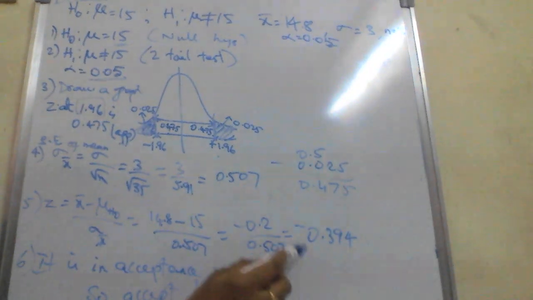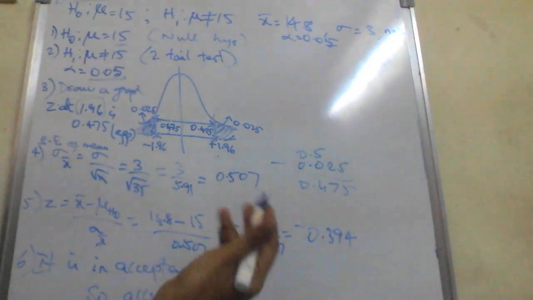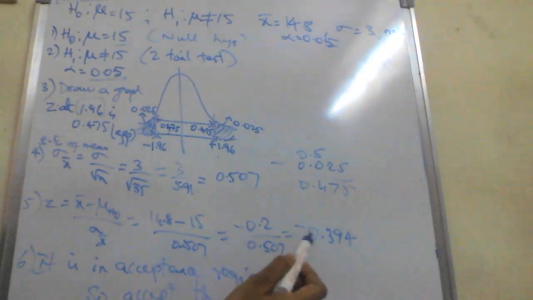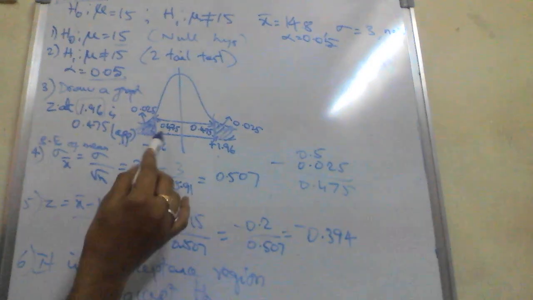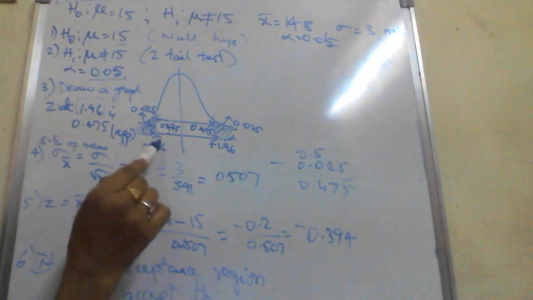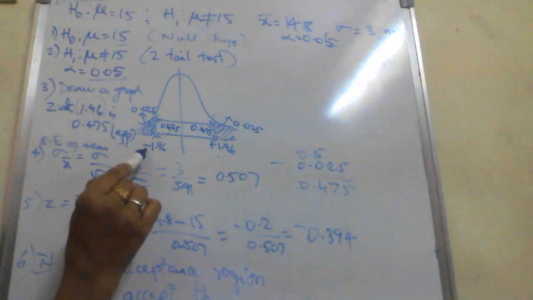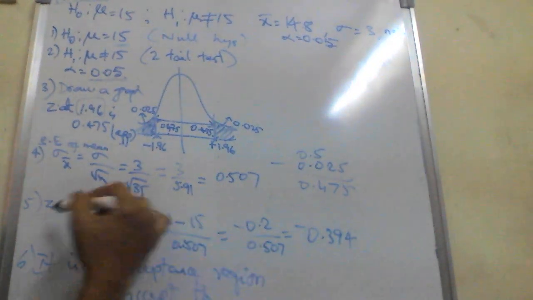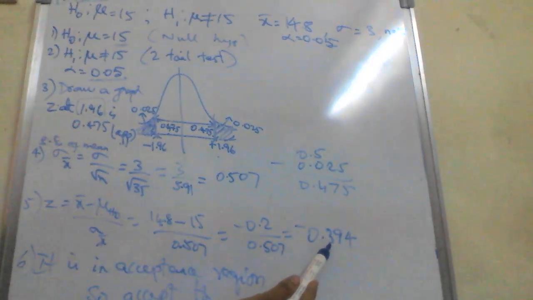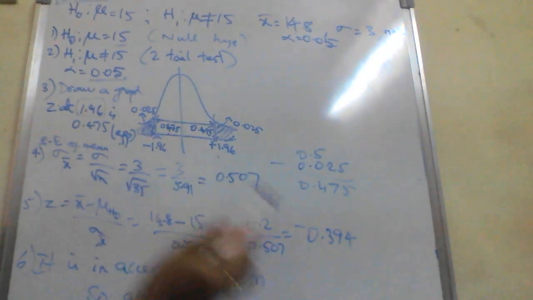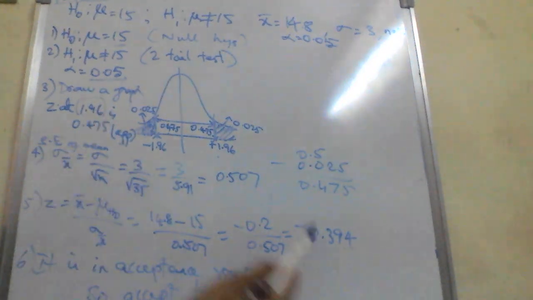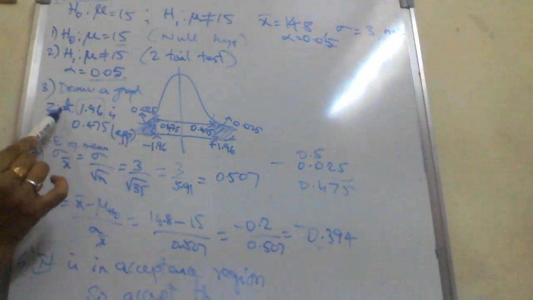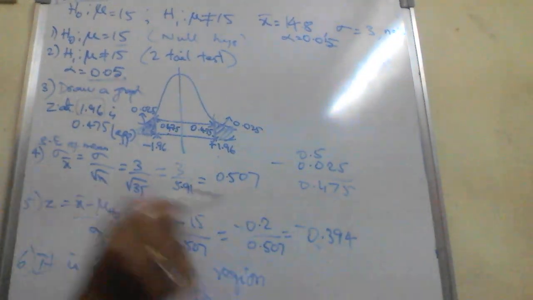Now, in the next step, you have to decide whether to accept or reject the null hypothesis. Whatever answer we got here, minus 0.3, you have to decide in this particular graph. From the table I got 1.96. When I calculated, I got this Z value as minus 0.3. So you have to compare this 0.3 with 1.96. 0.3 is less than 1.96. This is from the table, and this is from the statistics we have calculated.